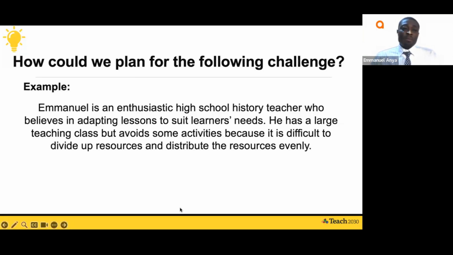I try to come up with what I call group work, which is kind of project-based learning. That is one way in recent times I've been able to mitigate the challenge of limited resources in my classroom.